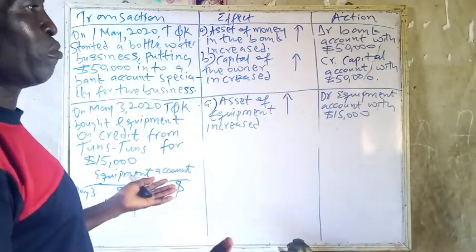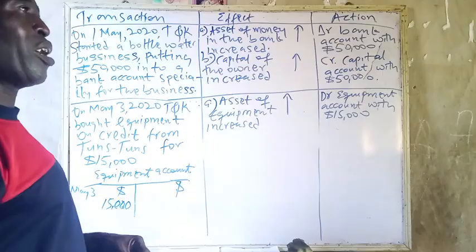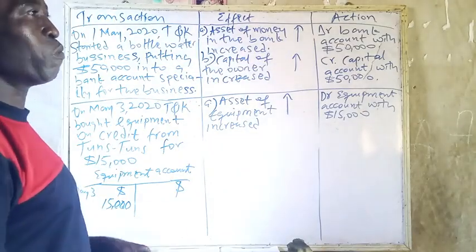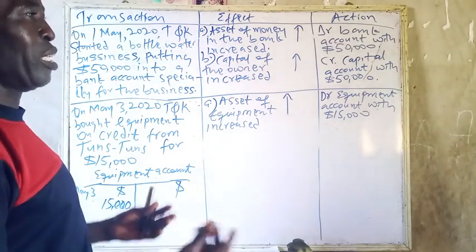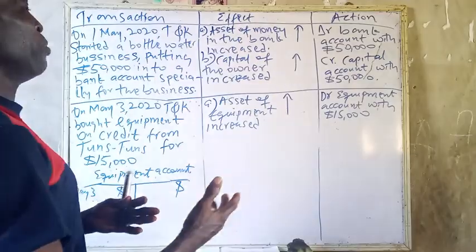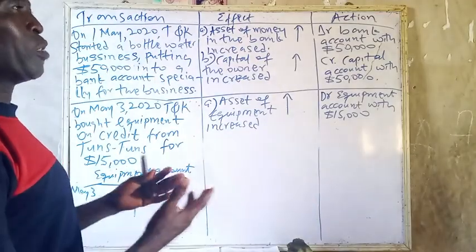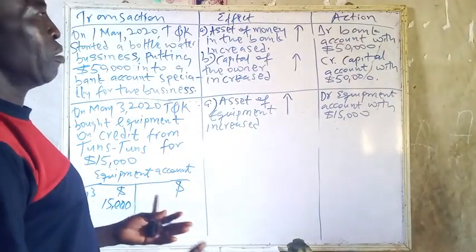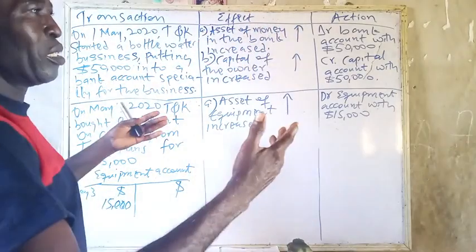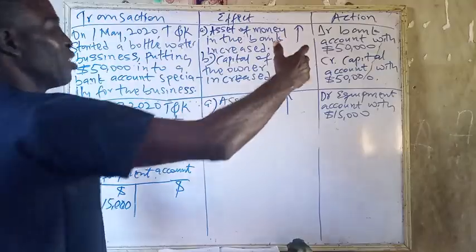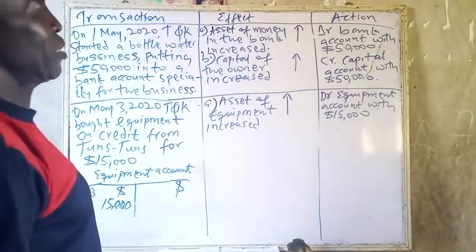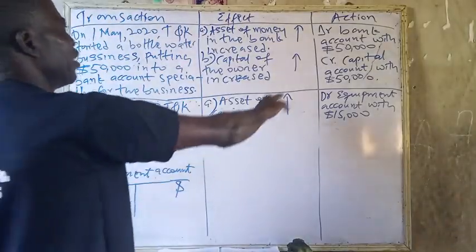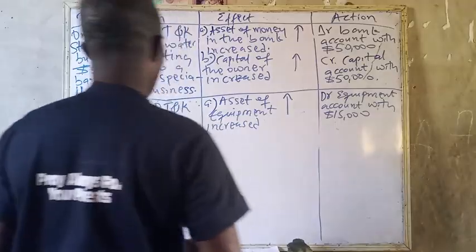And that is what we did in our last video about financial accounting on the effect of a financial transaction on balance sheet items and how balance sheets are being balanced when a transaction takes place. These are the actions to take. With this double entry, balance sheet must balance. So we need to understand this principle very well.